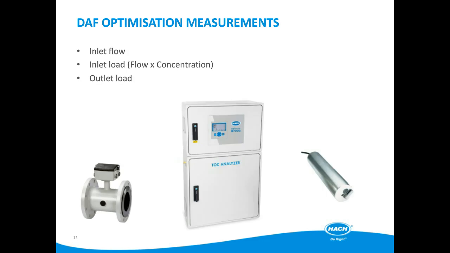As with any process, to be able to understand what is happening, the operator and any control system need to have relevant and reliable information on the load being presented to the treatment process. For example, in a dairy application, a TOC measurement would be required as the load is both in the solid and liquid phase.